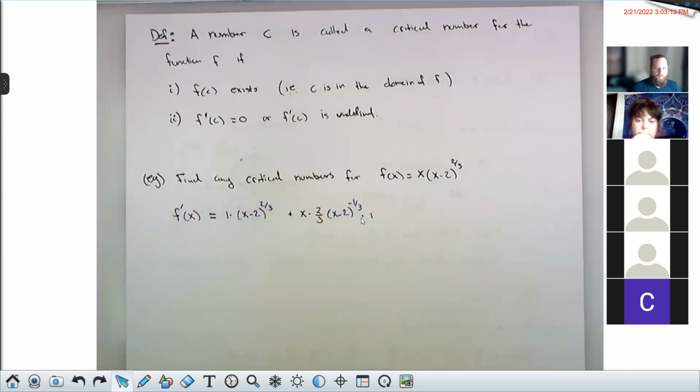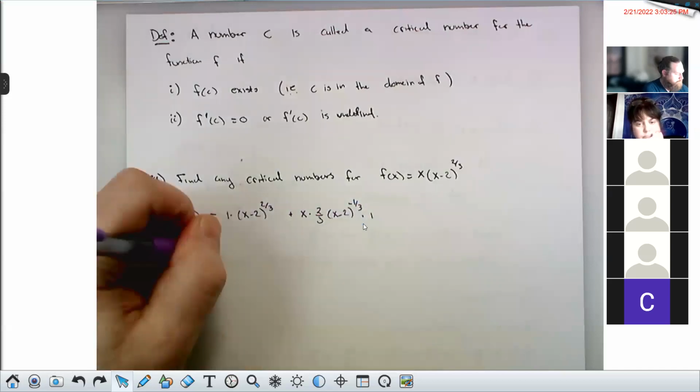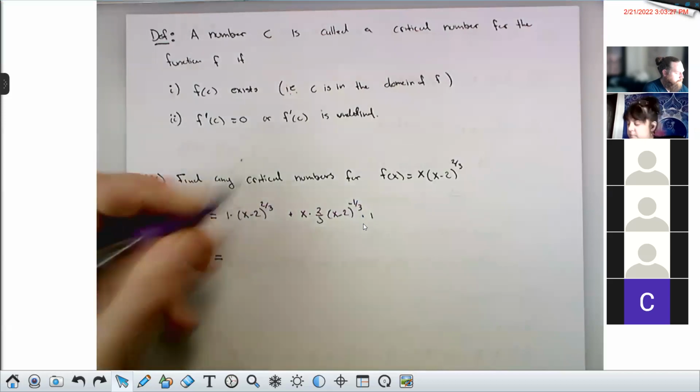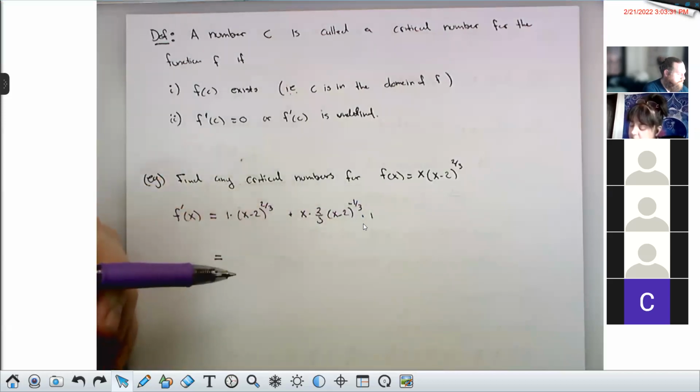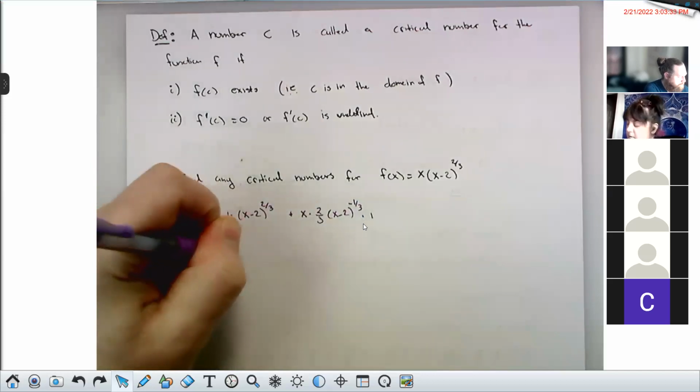I can make my life much, much nicer rather than trying to write this as a fraction, 1 over the cube root of x minus 2, and then have a common denominator. Yuck. I can factor out (x minus 2) to the negative 1/3. While I'm at it, I'm also going to factor the, well, no, I'll just do that. One thing at a time.